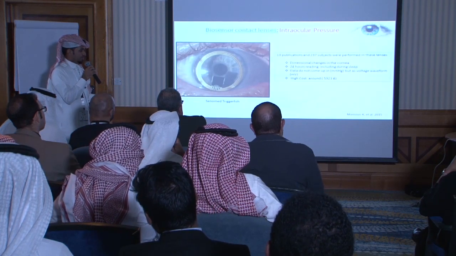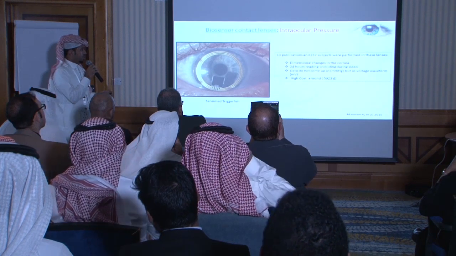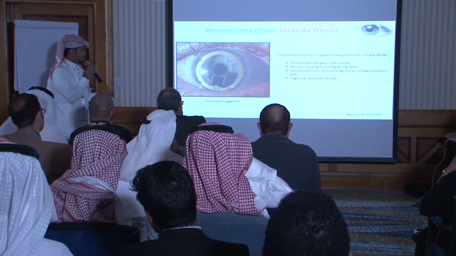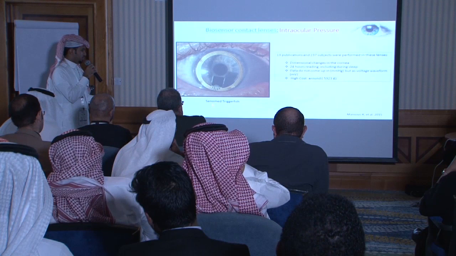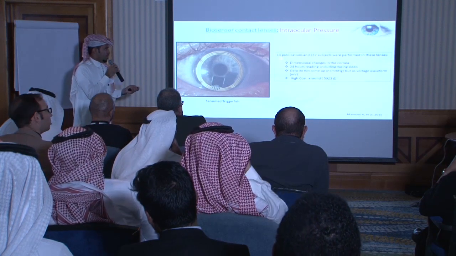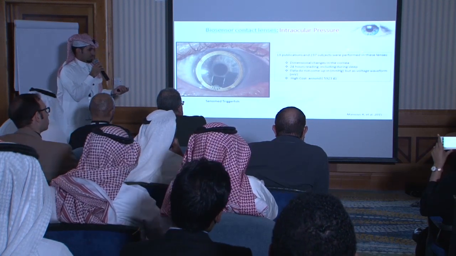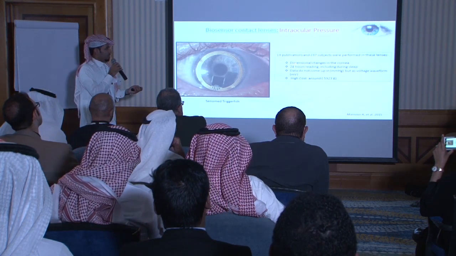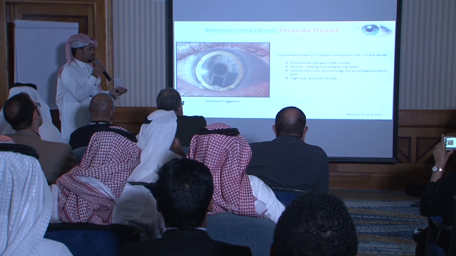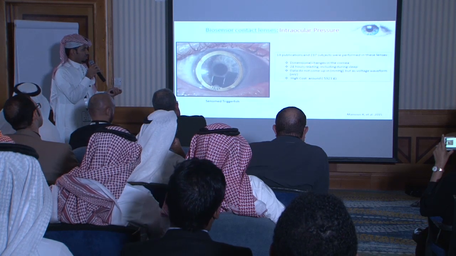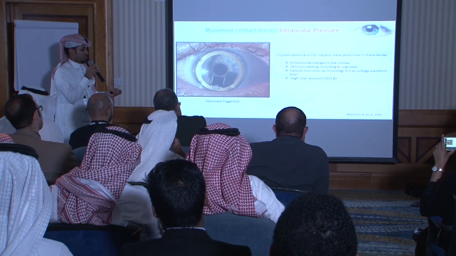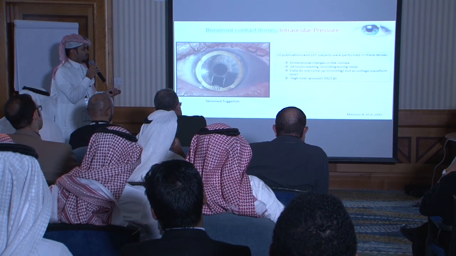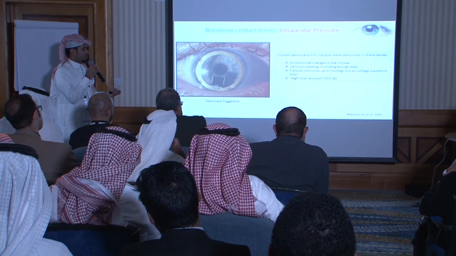This is the first example of the four. The intraocular pressure lens, which is named Sensimed Triggerfish. 13 publications were used to investigate these lenses. The mechanism of these lenses is to take the changes of dimension of the cornea, and it takes 24 hours for reading.